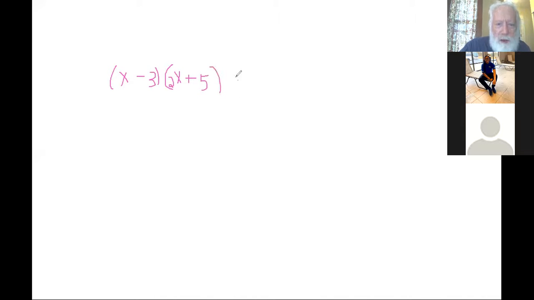And really what this is, you're multiplying x times 2x plus 5, and then you're multiplying minus 3 times 2x plus 5. And this isn't how I'm going to do it. I'm going to FOIL it. And then you have to add things.